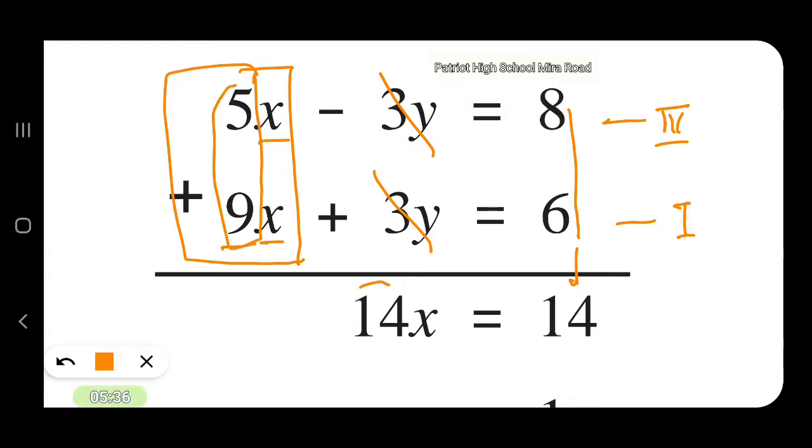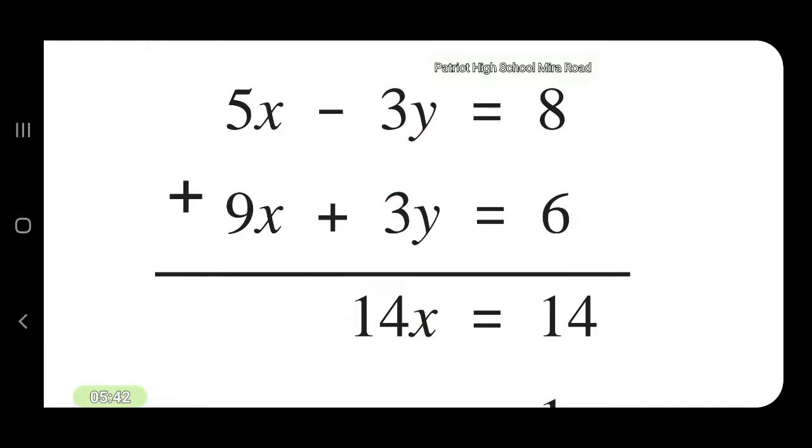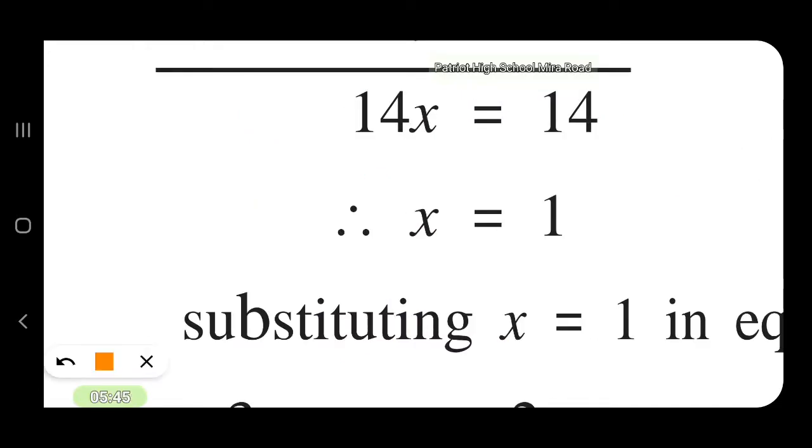It comes to 14 and write the variable x. 14x is equal to 14. Therefore, dividing both the sides by 14, this cancelled. So x is equal to 1.